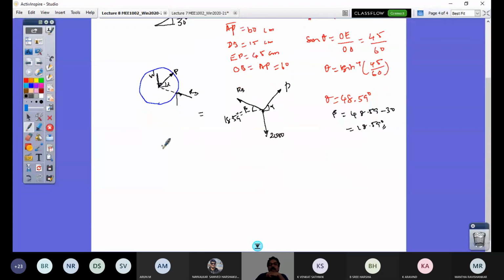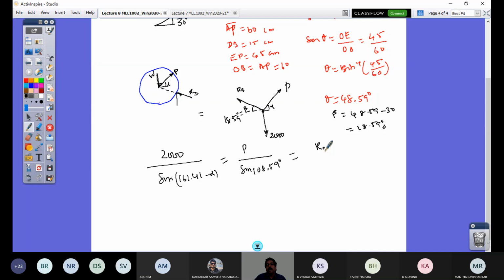Lami's theorem now, another 2 minutes I will finish it. So 2000 by sine of the angle included by the other two vectors. So how much is it? Other two vectors: 180 minus this minus alpha. So 180 minus 18.59 is 161.41. So 161.41 minus alpha, that's equal to T by the angle included by these two, that's 90 plus this, so sine 108.59 degrees.